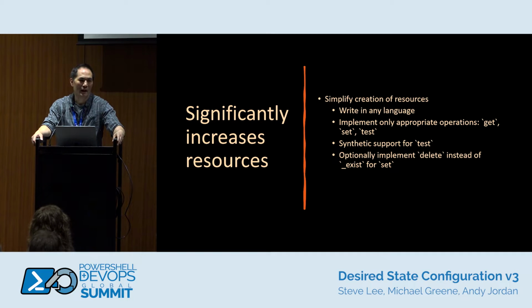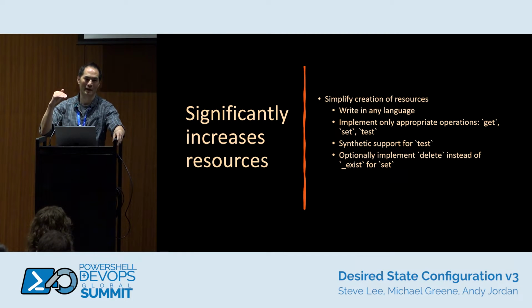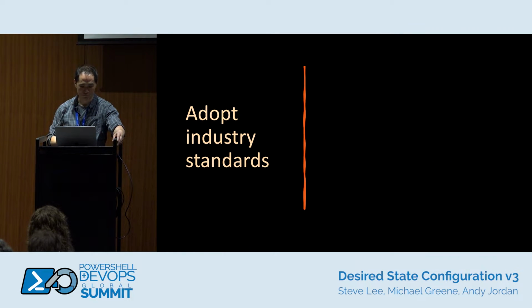But anyway, for your resource, I think a lot of people, when they had to support ensure or exist, basically had logic in their set code that says if it says this, then do this kind of thing. So to simplify that, you can actually just implement the delete operation, and then the engine will notice that your resource supports delete, and if the configuration says exist false, instead of passing that to you for set, it'll call your delete operation, right? So it makes it, again, simpler for the resource author.